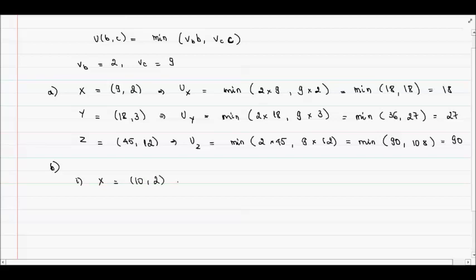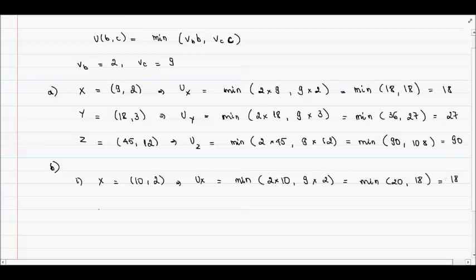So again we're just going to do the same thing to find the utility level corresponding to the new bundle after adding 1 more unit of bread. So that becomes the minimum of 2 times 10 and 9 times 2, which is the minimum between 20 and 18, so it's still equal to 18.